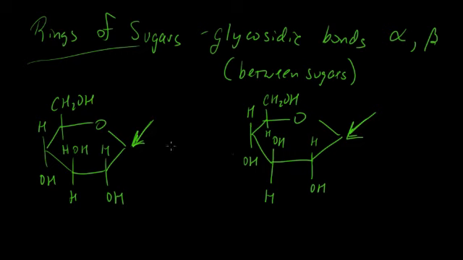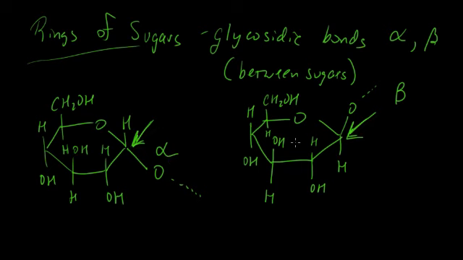And either the bond is going down to another sugar, and this is going to be an alpha linkage, or in the other case, it's going to be a beta. And these are the two different types of glycosidic bonds, at least as much as we need to know about in this course.